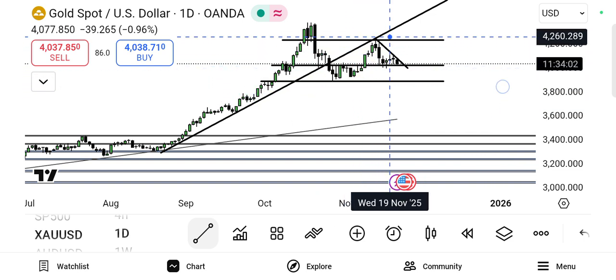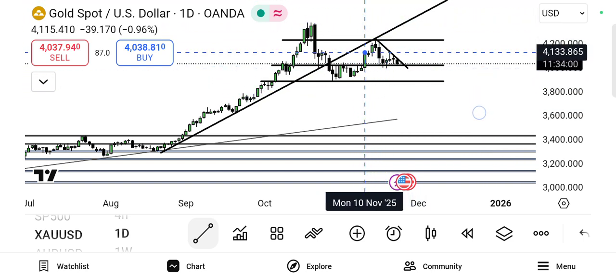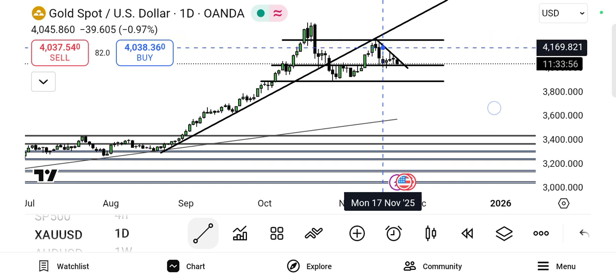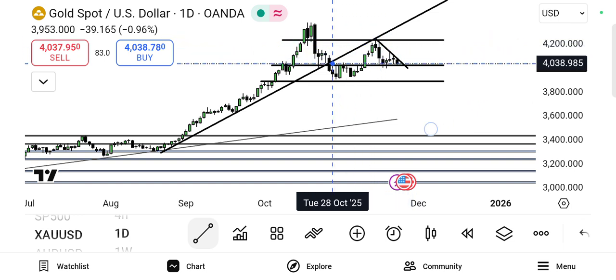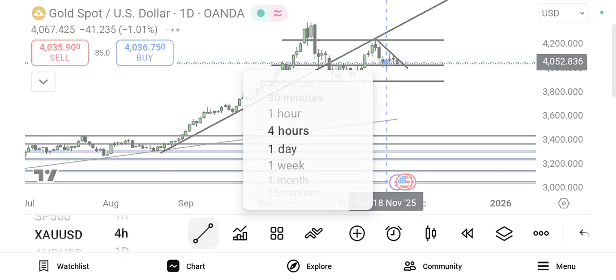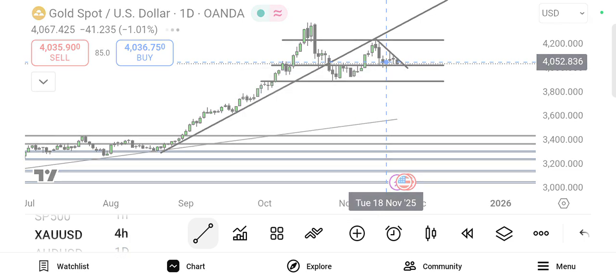Now the market is supposed to create a higher high, but what are we seeing? We are seeing the market getting exhausted. Remember I said this is looking like a ranging market trying to form. But still, we can trade it with the theory of market moving from zone to zone. Are you getting me? Now, we'll go to the 4-hour time frame to see a clearer view of what the market is trying to do.